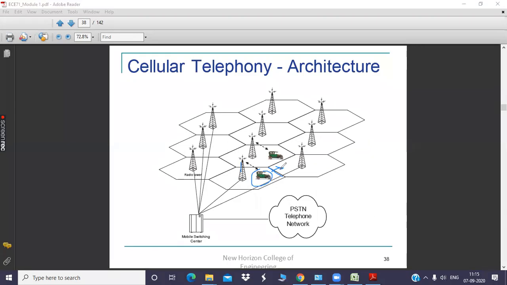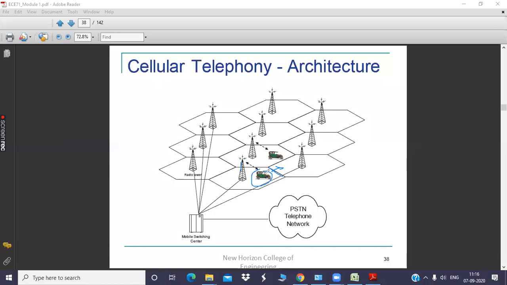At that point of time, the signal energy level, or the power level received from this base station by this mobile user, will decrease as it moves away from this particular base station. But the conversation should not abort or terminate as such.